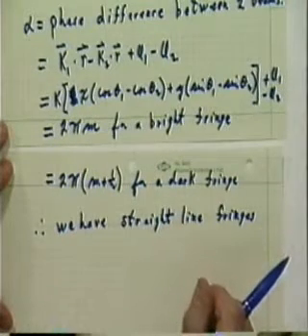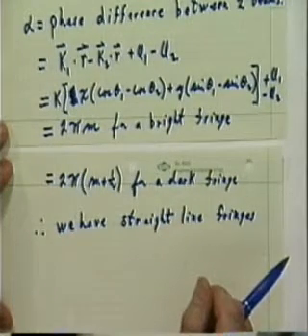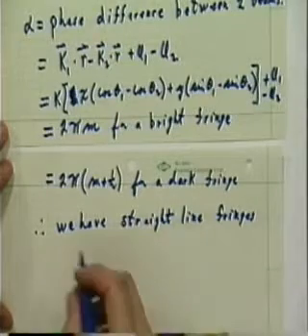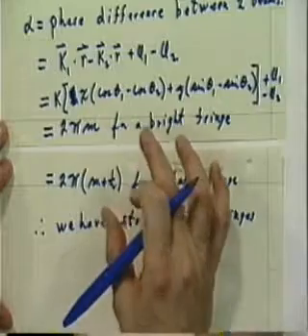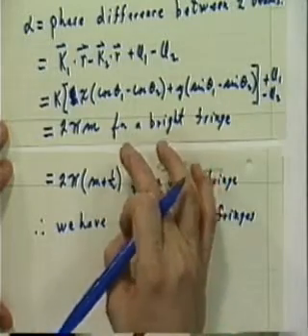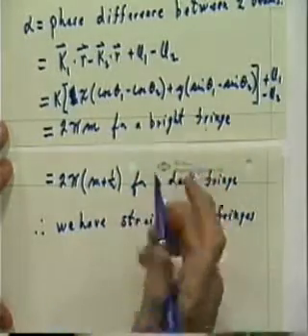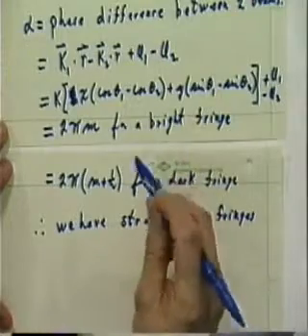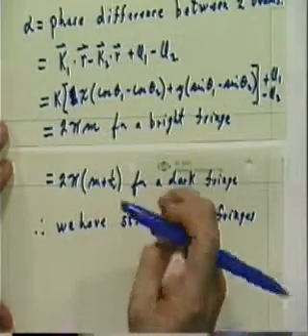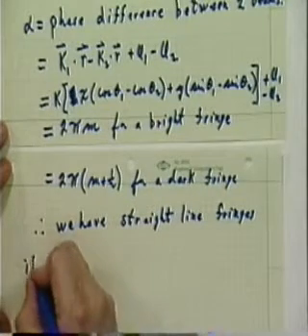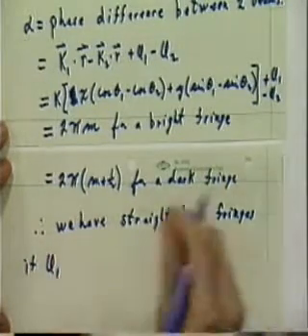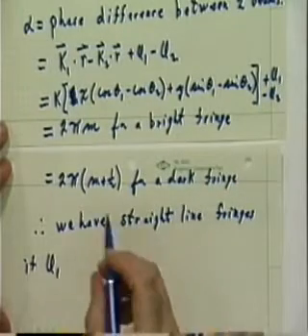Okay. Now let's, for a second, any questions on that before we go on? That's pretty simple, but very, very important here. Okay. Now let's say for a second that phi 1 minus phi 2 is not a constant.